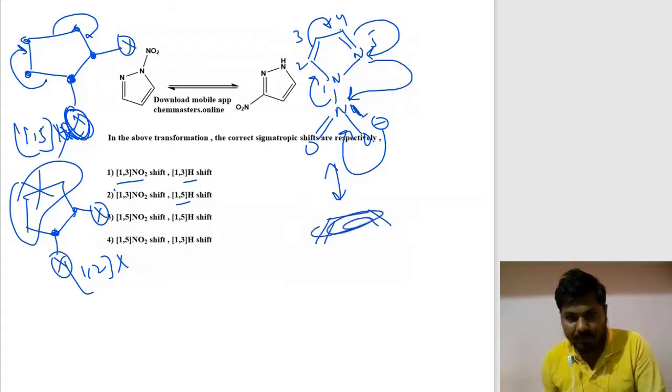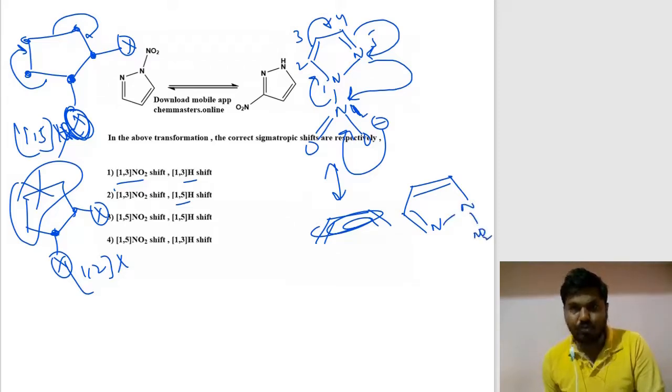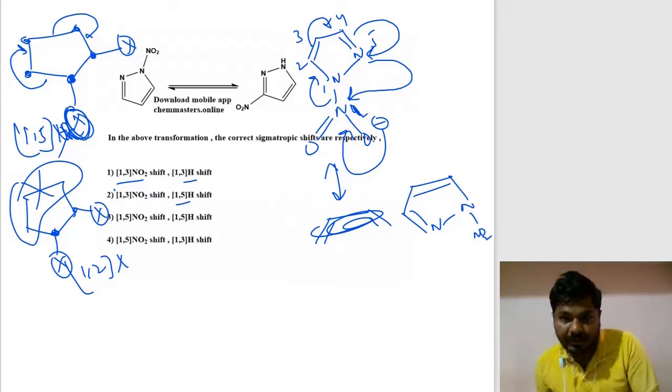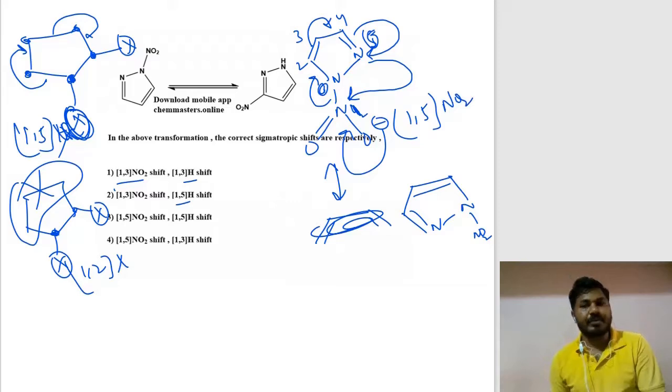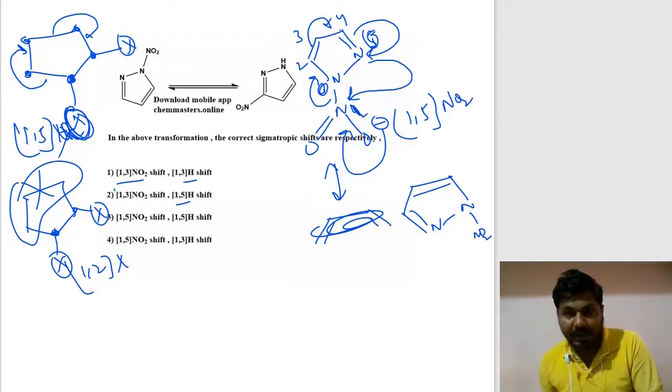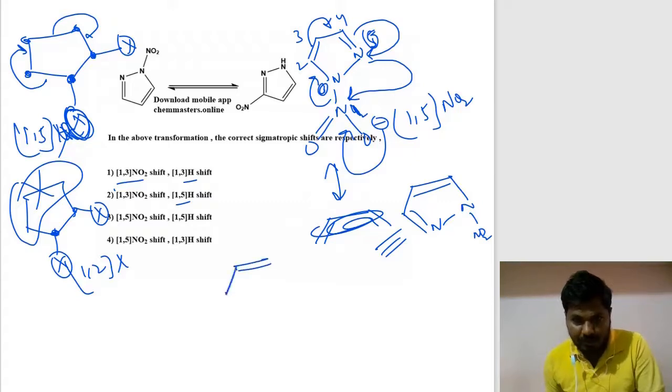So we need to draw the new double bonds here, N, and here is a nitrogen, which is having NO2. Okay, so you can see the shifting takes place from atom 1 to 5. That's why we can say 1,5 NO2 shift. Okay, right. Now in the next step, the same structure I'm going to draw here for convenience.